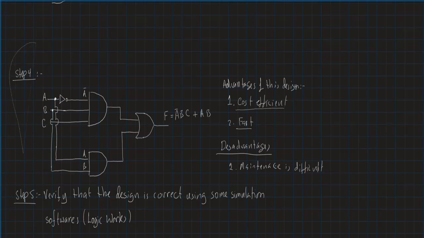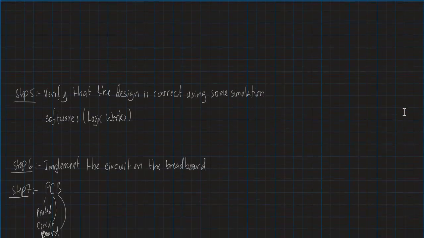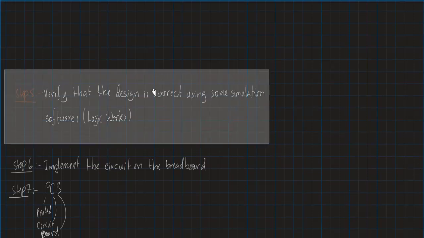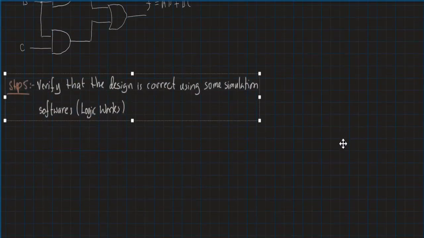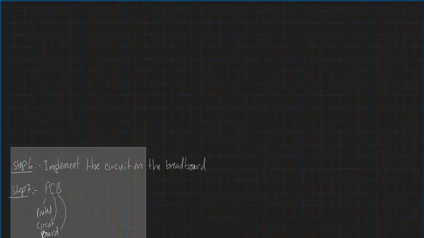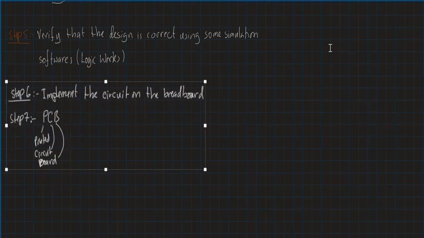Let me take this out. Also there might be more advanced solutions. So this is now step 5. Step 5 is to implement this using Multisim or LogicWorks, and make sure that it's working.